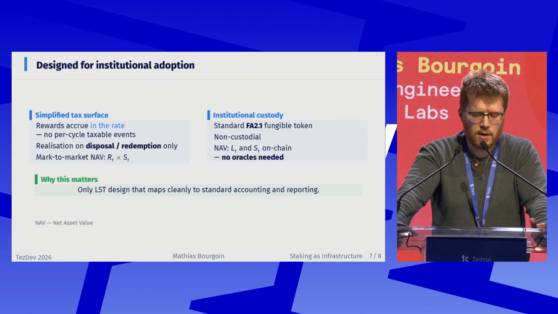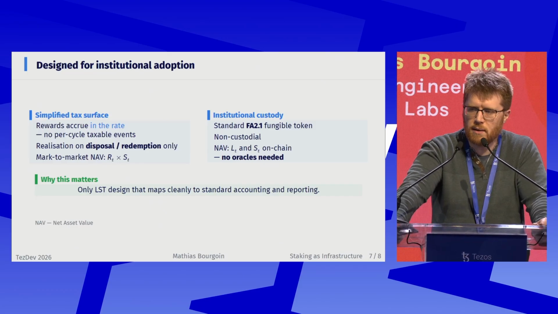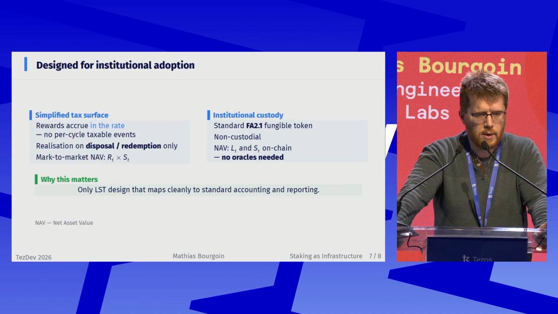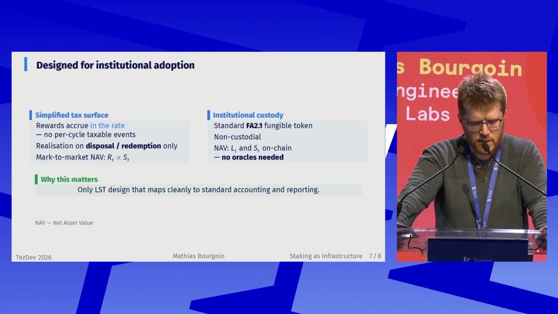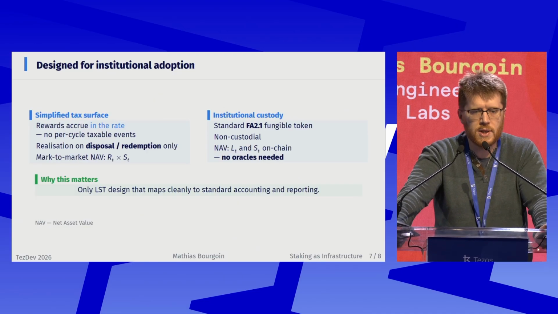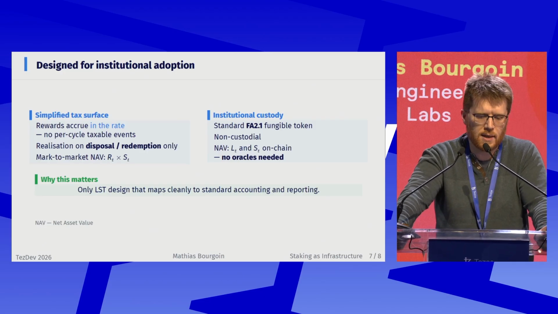And with it, you can have the net asset value of the token at any time easily computable. Also, there are no regular airdrops of tokens. Everything is handled in the system through this exchange rate, which means that it's very simple to use this system for tax declaration, etc.